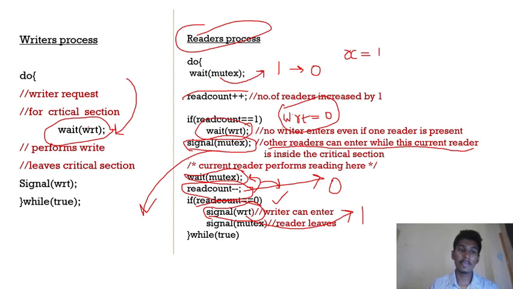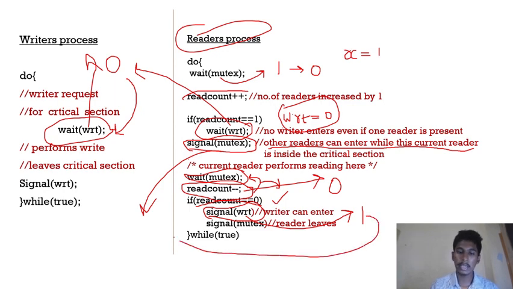Before, we saw that WRT is 0 because wait of WRT happened here. After this, we incremented the value, which makes it 1. So the writer process can write the data to the shared location.